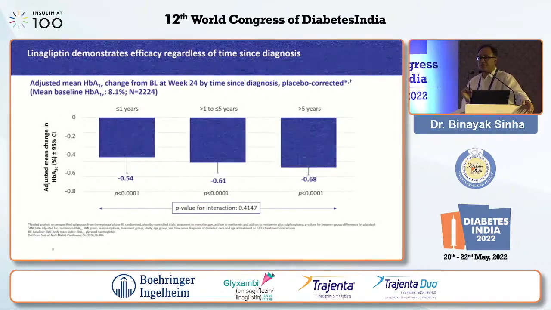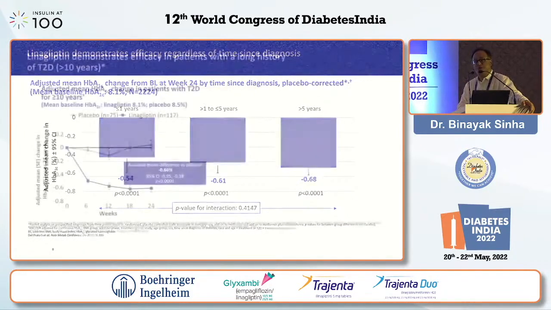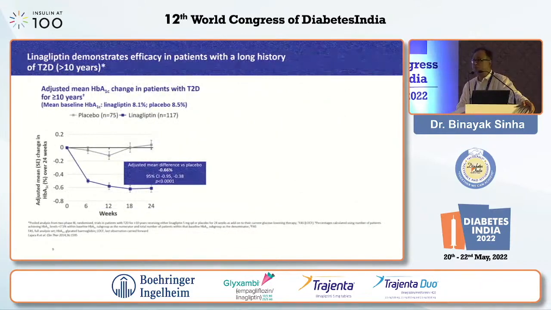People who have had diabetes for a long duration, people who have had diabetes for a short duration, people who have been recently diagnosed with diabetes, all of them have statistically significant reduction of HbA1c. In fact, if you look at patients who have diabetes for a long period of time, which is more than 10 years of diabetes, you find that there is a very statistically significant, almost 0.5% reduction of HbA1c.